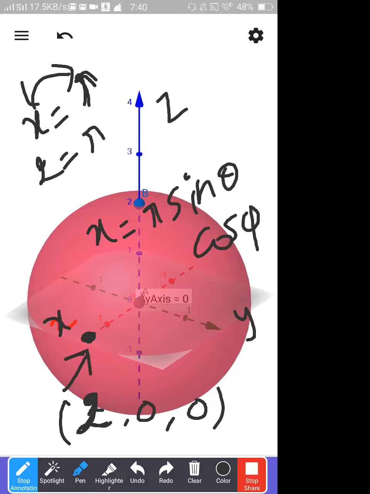I have chosen a point on the x-axis. For this point, what is theta? Somebody please give me the answer. Yes, 90 degrees. Why? You have to measure the angle from the z-axis. So it is 90 degrees.